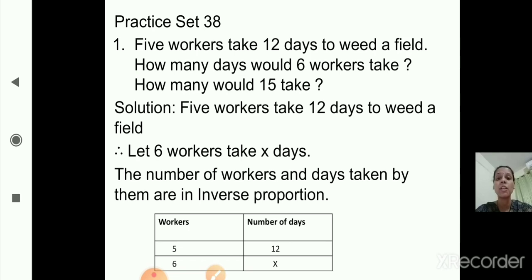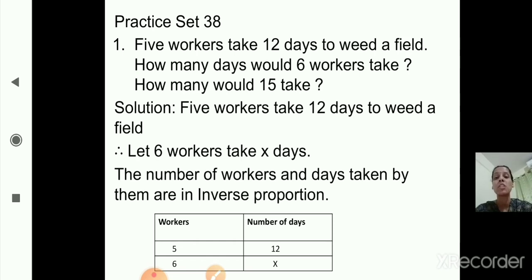We have studied in the starting of the lesson about direct proportion and inverse proportion. In direct proportion, if one quantity is increasing, the corresponding quantity will also increase. But in inverse proportion, if the quantity A is increasing, then the quantity B will decrease, right? So now we'll start with practice set 38.